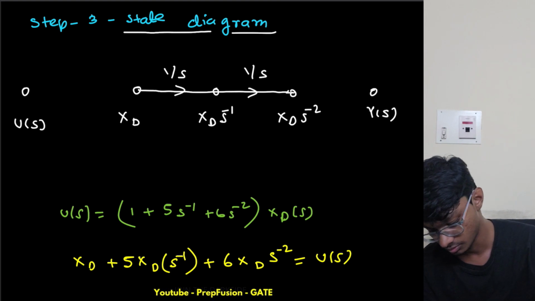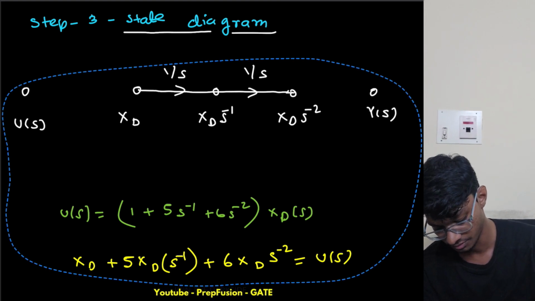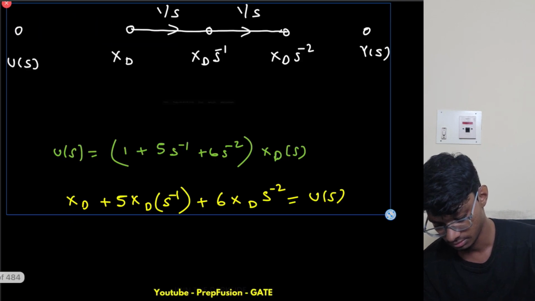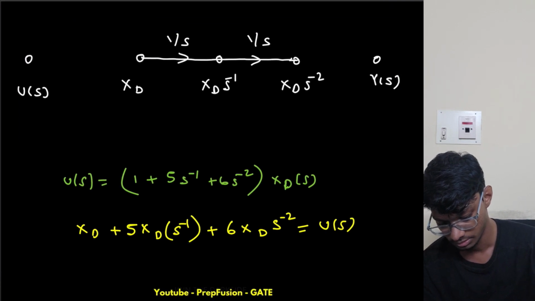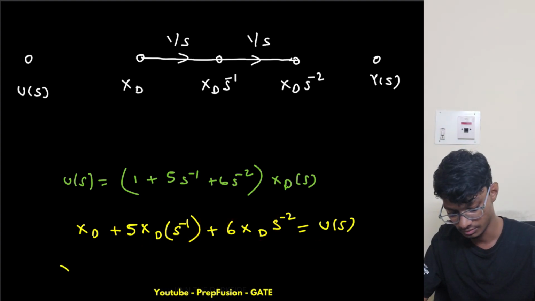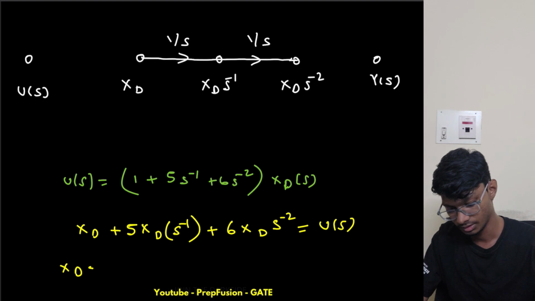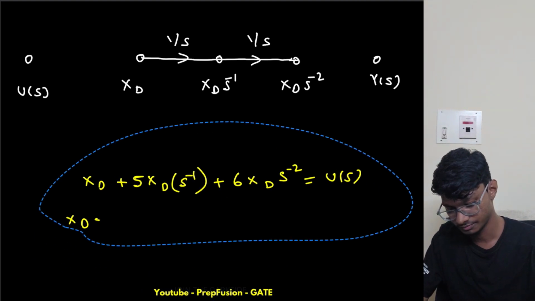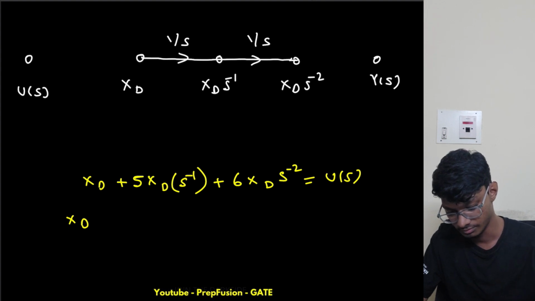Now I will again copy this whole thing, and now I will write the relation for xd of s. I will take this one on the right hand side. So my xd will be in terms of the other state variables.